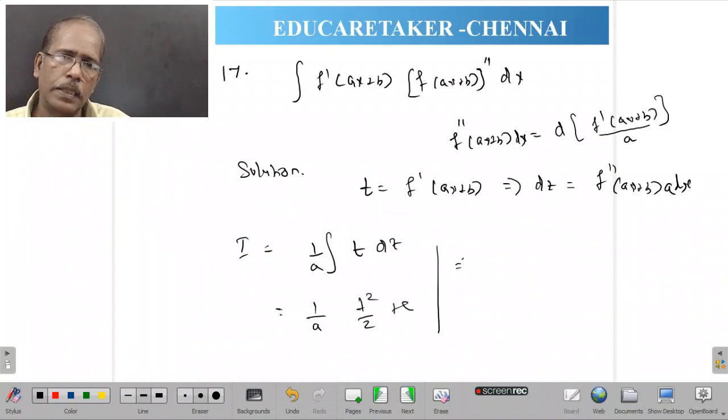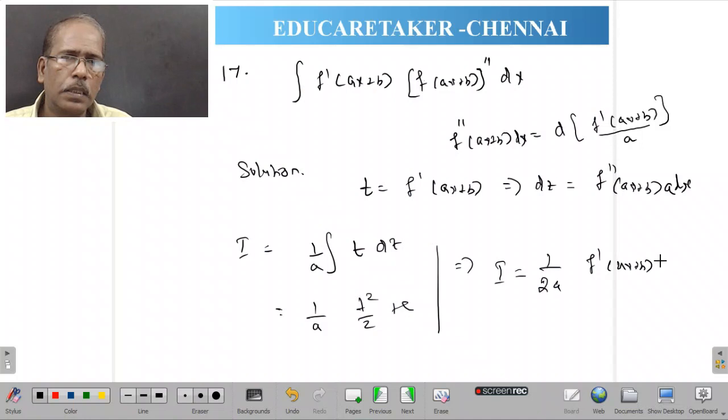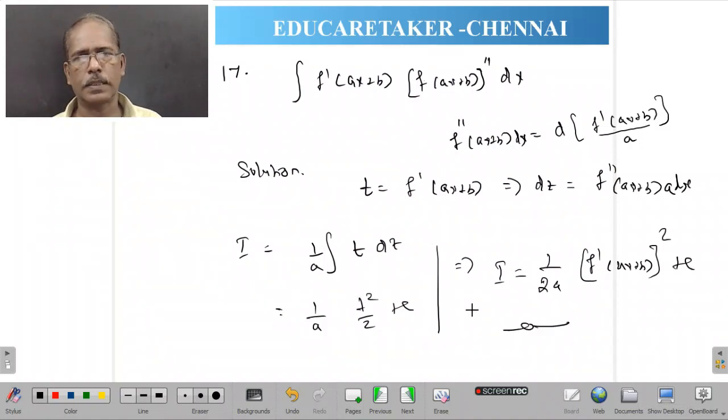So the final answer I will be equal to 1 by 2a times f dash of ax plus b whole square, with the integral constant. Copy it. This is the answer.